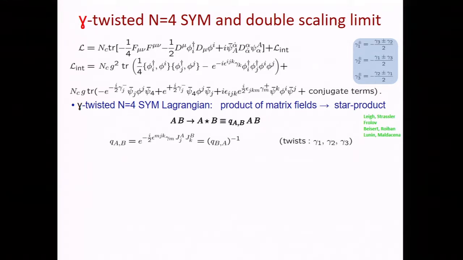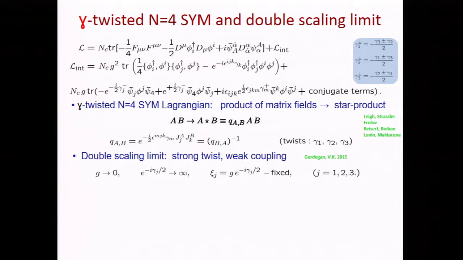So, our idea is the following. Let's go to a specific double scaling limit of a very strong imaginary twist. So gamma goes to i infinity, in order for this factor to go to infinity, and also weak coupling, g goes to 0, in such a way that 3 constants corresponding to 3 gammas, this product of g times the factor, remain fixed.